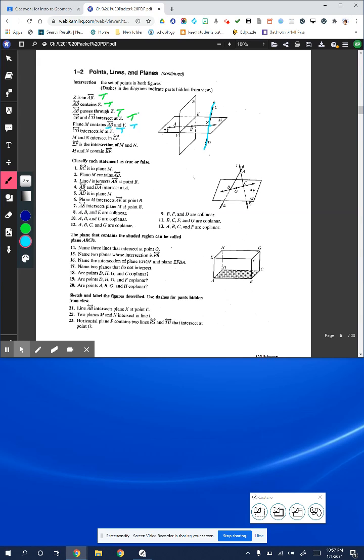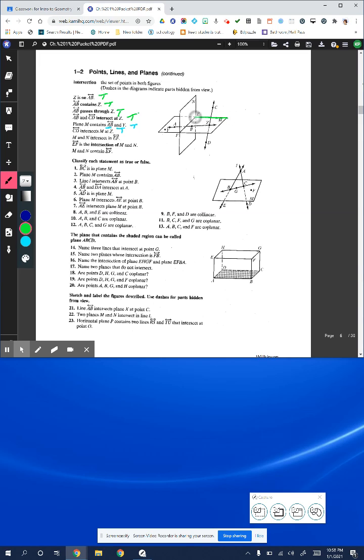All right. Planes M and N intersect in EF, so on line EF. Let's find M and N. M is my whole plane. Let's erase this, and let's highlight what we're talking about.